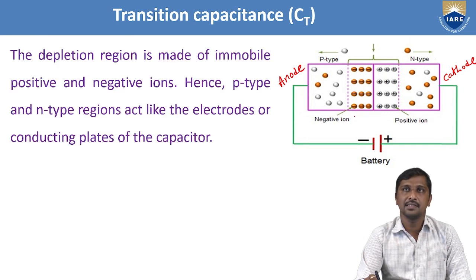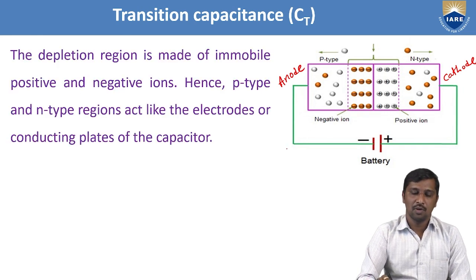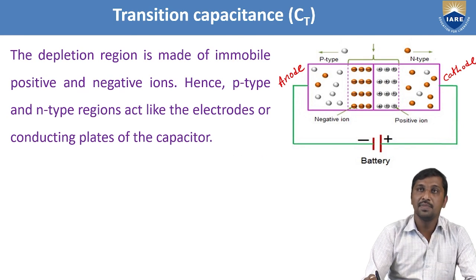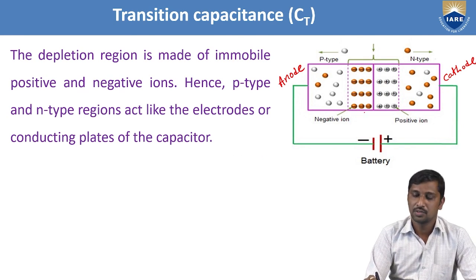From this analysis, I am saying what this depletion region contains. We know that the depletion region contains immobile ions. Nearby the P side, there are negative immobile ions, and nearby the N side, the immobile ions are positive ions.